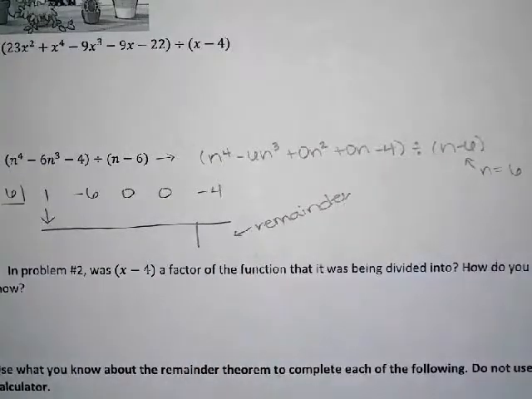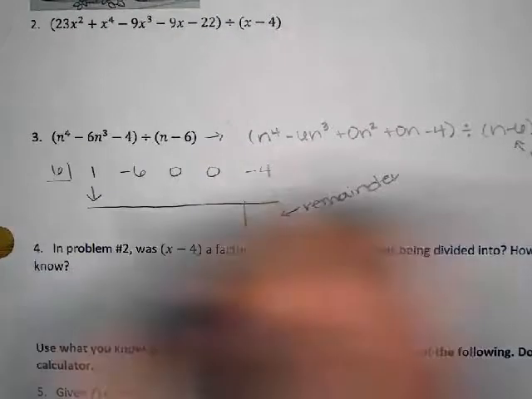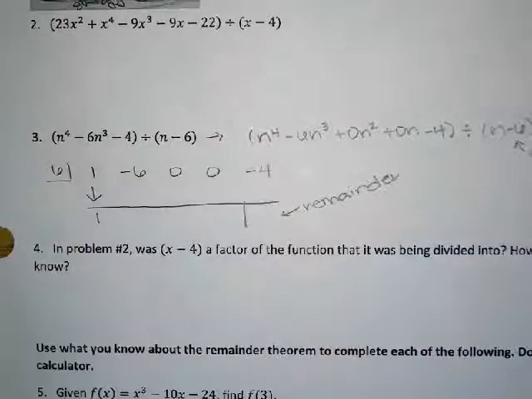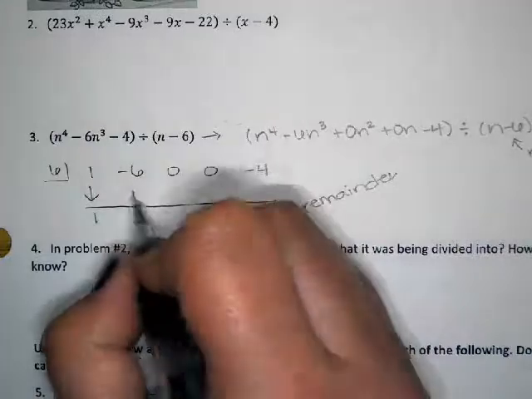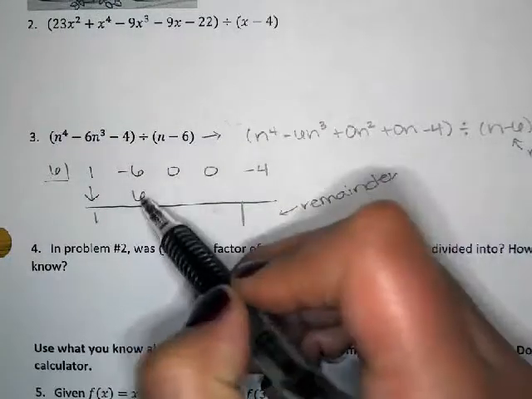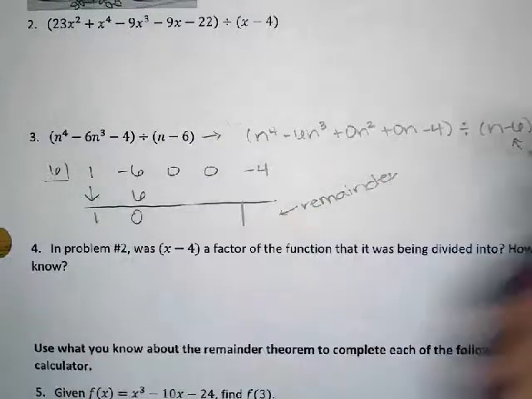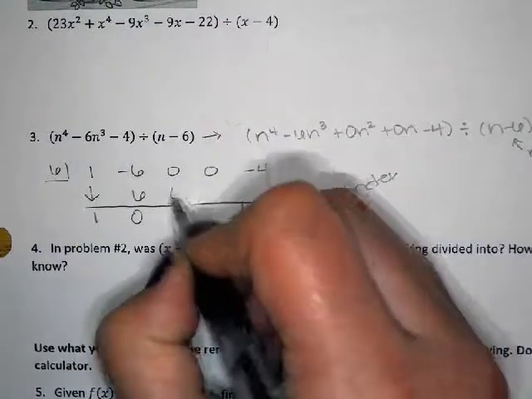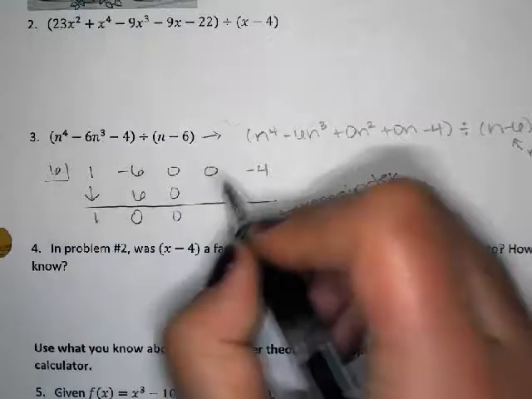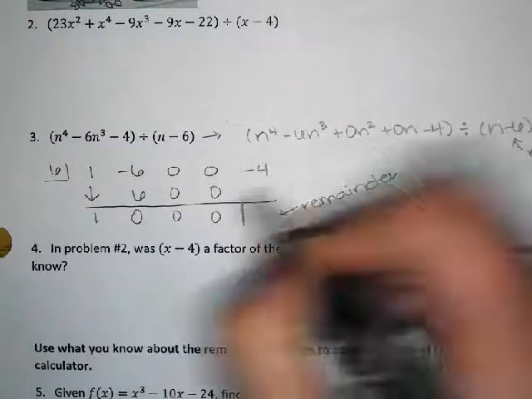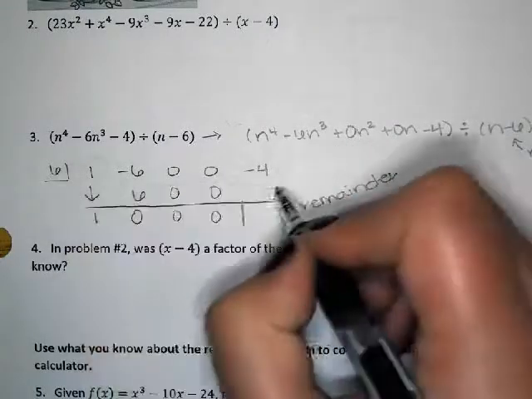Then what do I do? 1 times 6 is 6, okay. Those add to 0. 0 plus 0 is 0. 0 plus 0 is 0. Okay, 0 times 6 is? Negative 4. Negative 4 plus 0 is negative 4. That's your remainder.